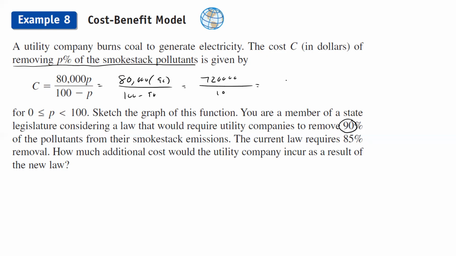So in order for the utility company to start removing 90% of the waste, it'll cost $72,000. Are we good? 2 zeros here, added there, and then we have an extra one. That good? 720,000. At least cost-wise, yeah.